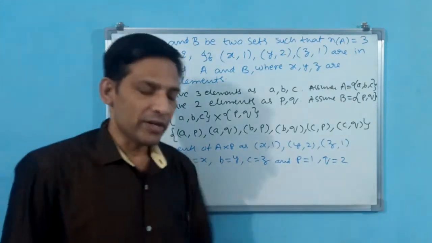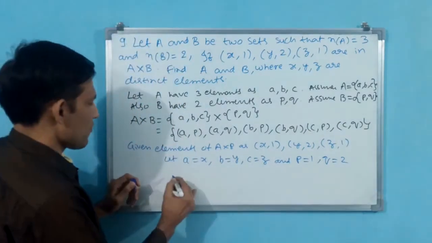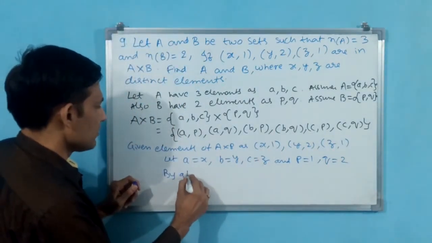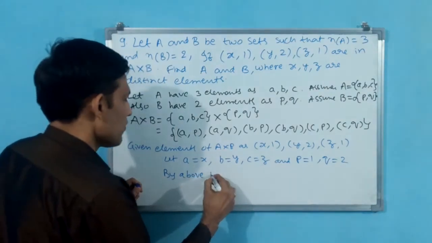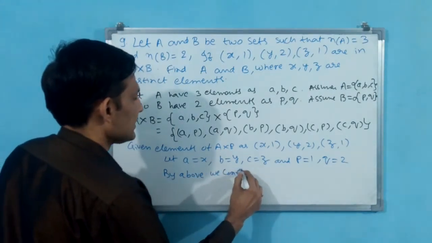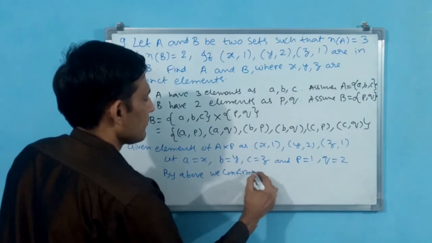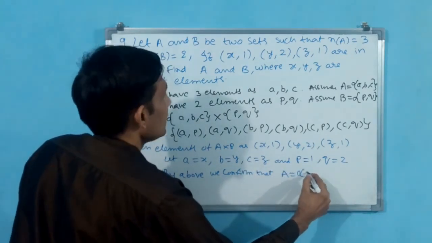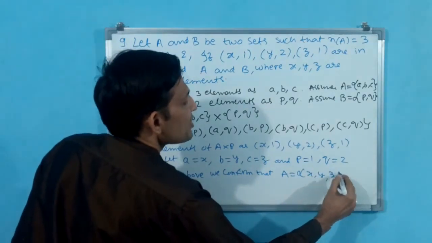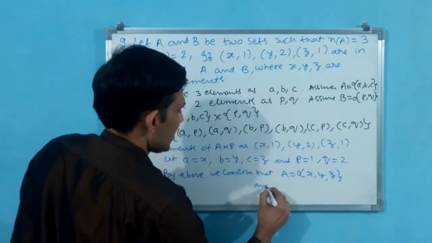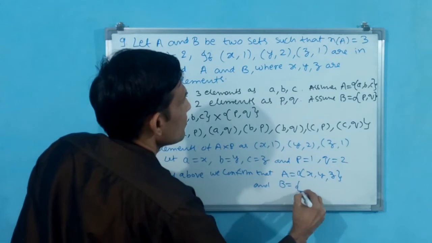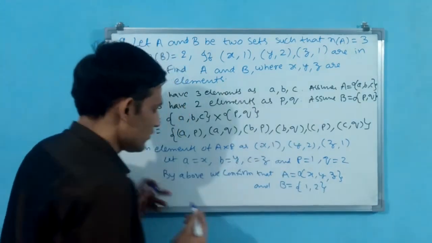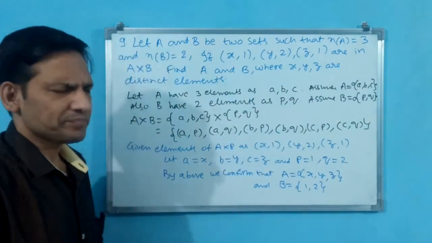In this way, by the above, we confirm that A is equal to {x, y, z} and B is equal to {1, 2}. This is your answer.